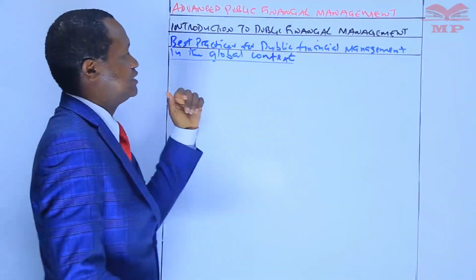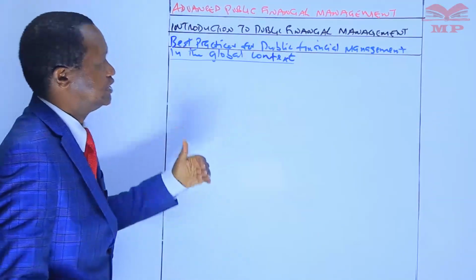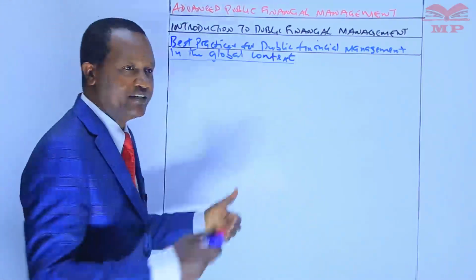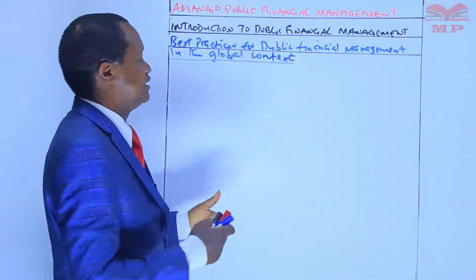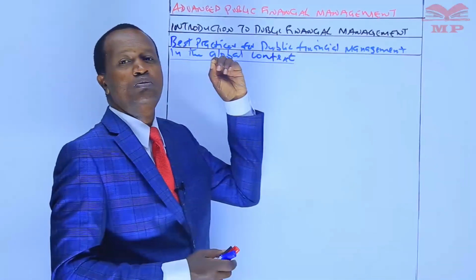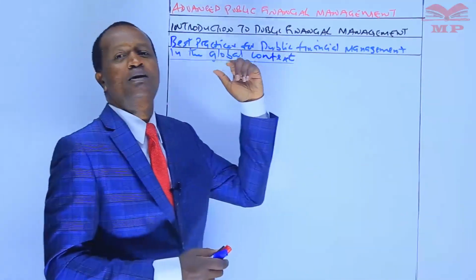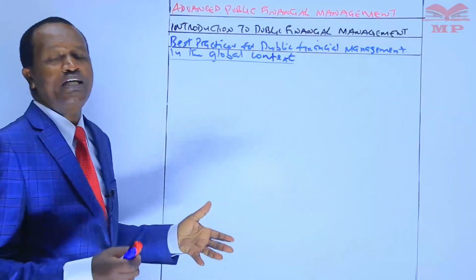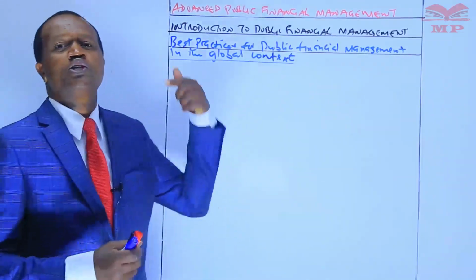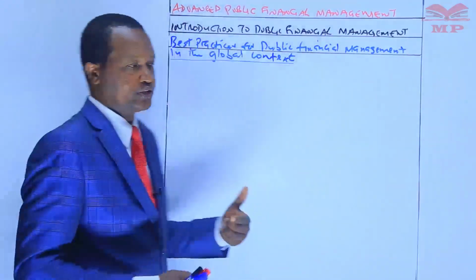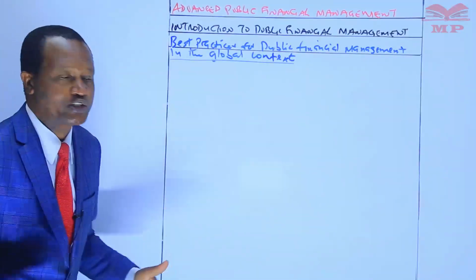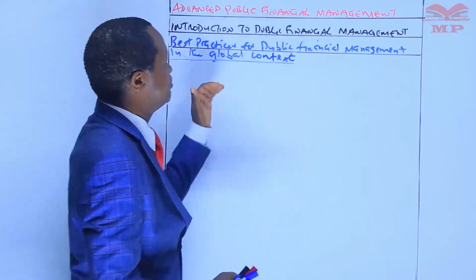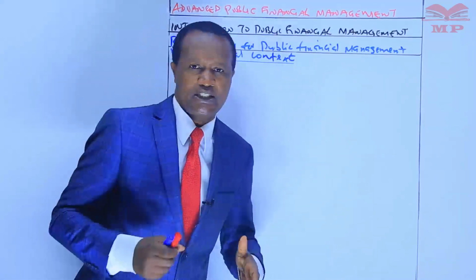It is a technique, a procedure that is generally accepted as being superior to other methods or techniques. Why? Because it has been proven to produce superior results. In today's lesson, we are studying the best practices for public financial management in the global context.